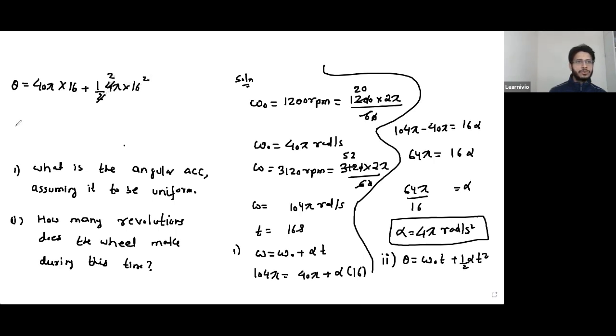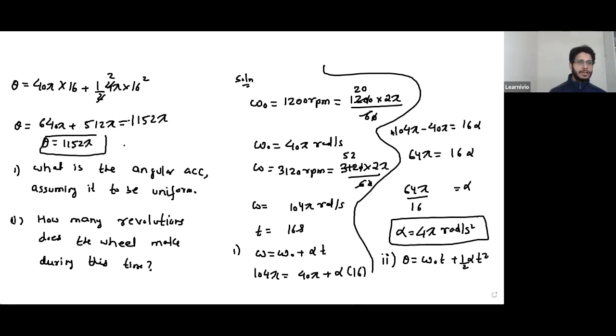So this is 2. So theta is 640 pi plus 256 into 2. 256 into 2 is 512 pi. Am I correct? 16 square is 256, so 256 into 2 is 512, right? Yes. So if I add them up, this will be 1152 pi. So this is your angular displacement, which is 1152 pi.